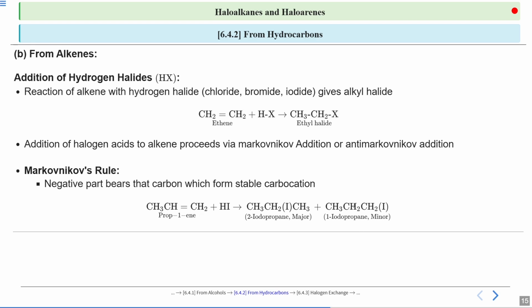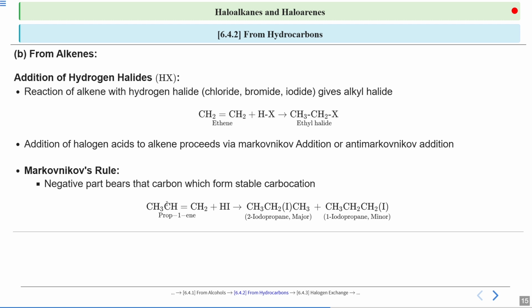So according to the Markovnikov rule, 2-iodopropane is your major product and 1-iodopropane is your minor product, after the attack of the negative part, that is the I negative part, from the hydrogen halide.